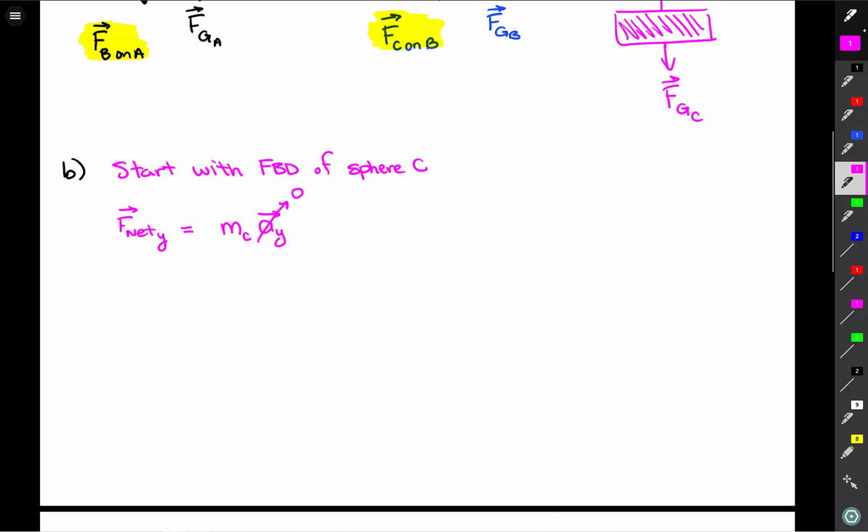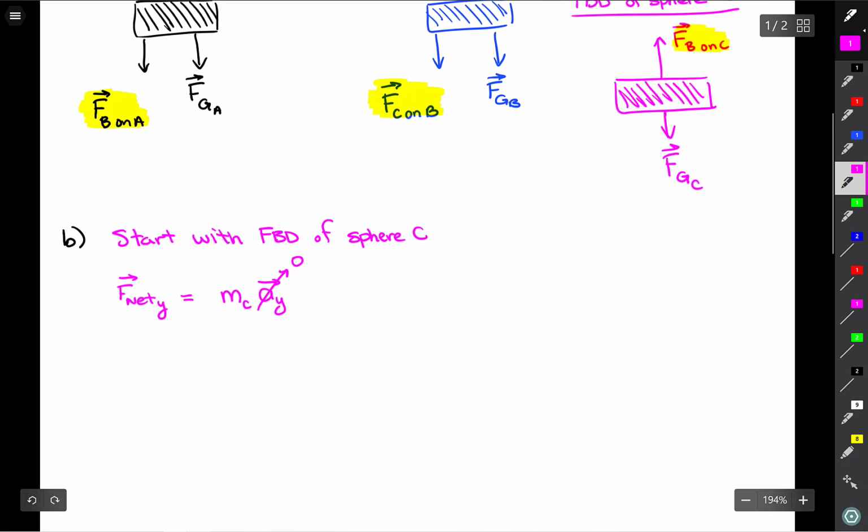So here we have the net force acting on sphere C. I'm going to say FB on C, and that's acting upwards for my free body diagram, plus the force of gravity acting on C, which we said was downwards from our free body diagram, is equal to 0.